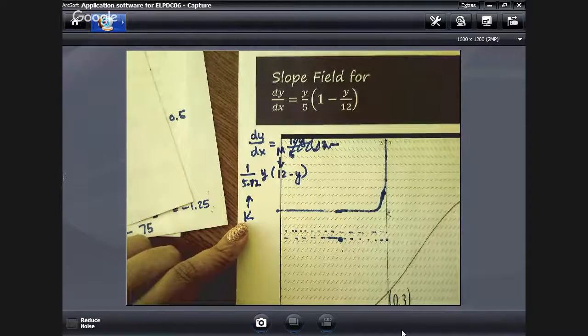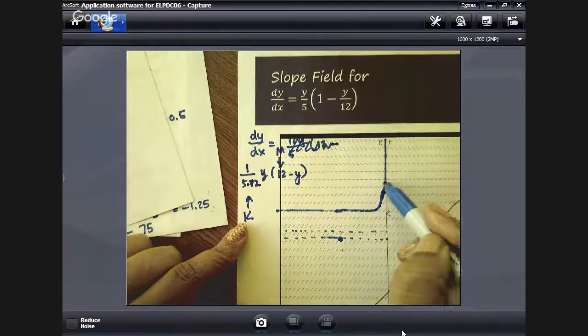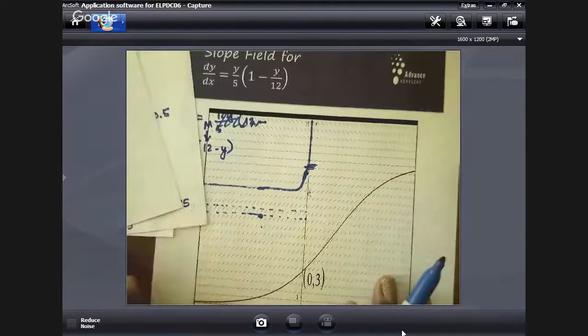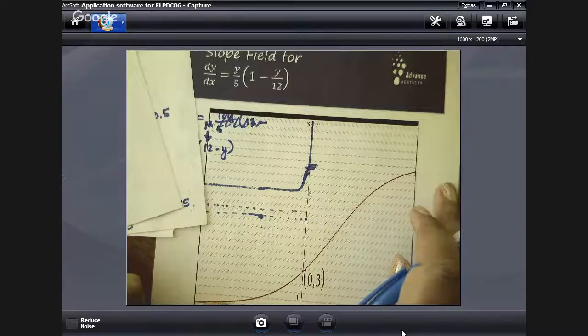And if I look at my slope field, notice that that says 15 up there. 15, 13, 14, 12, right about in here is 12, and notice that it looks like it's going to do a horizontal asymptote. It's cut off a little bit, but it's pretty much looking like it's going to do that.